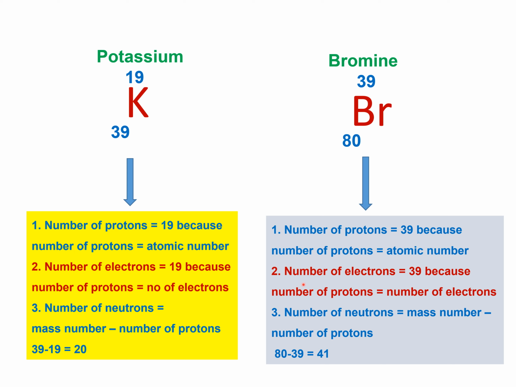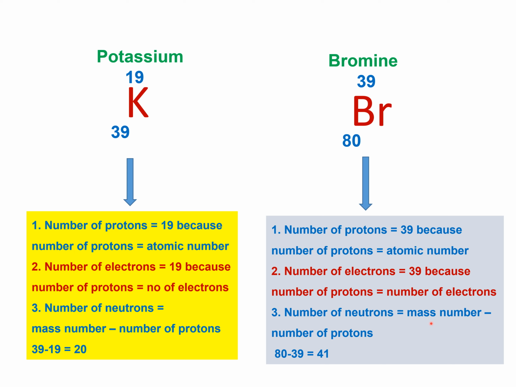So let's have a look at bromine. So bromine has 35 here and 80 here. So the atomic number is 35 because it's smaller than 80, and 80 is the mass number. So number of protons is equal to 35 because 35 is the atomic number, and number of electrons is also equal to 35 because number of protons must be equal to number of electrons.